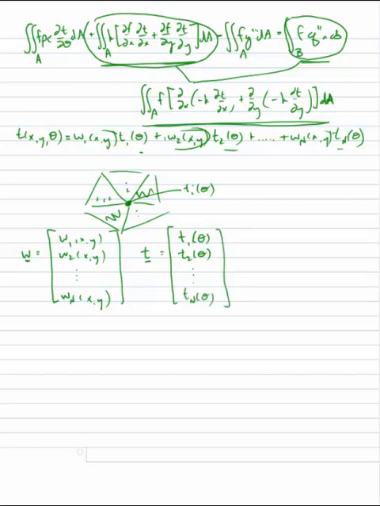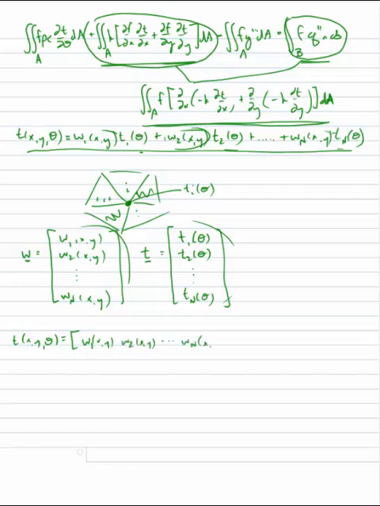So in matrix notation, then, I can write T as what? I guess it would be W transpose multiplied by this T vector, right? So T, which is a function of x and y and θ, is just equal to W transpose, so W1, W2, all the way to W sub n, this is W, the vector, transposed, multiplied by our column T, so T1, T2, T sub n.